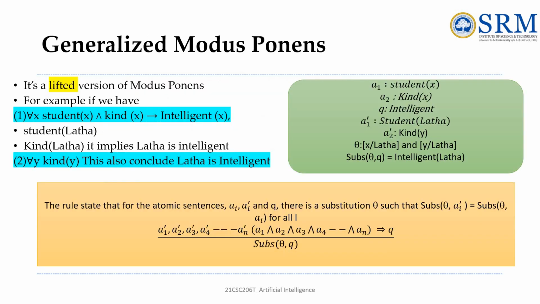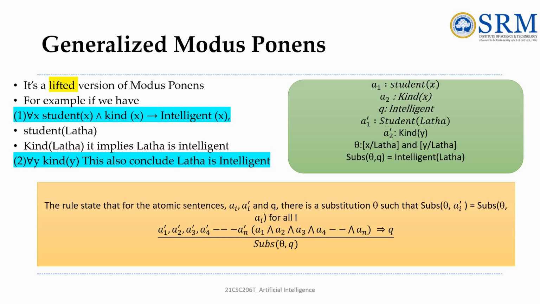Next we'll see the generalized modus ponens. This is an extension of the modus ponens that we have seen in propositional logic, but now applied in the context of quantified variables. For example, for all x, student of x and kind of x implies intelligent of x.